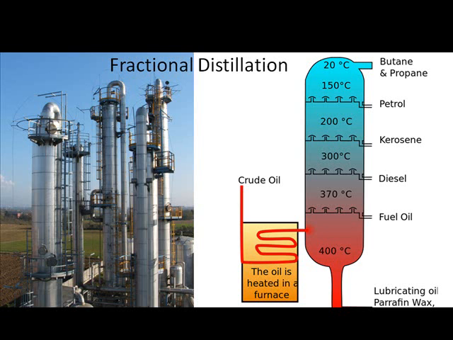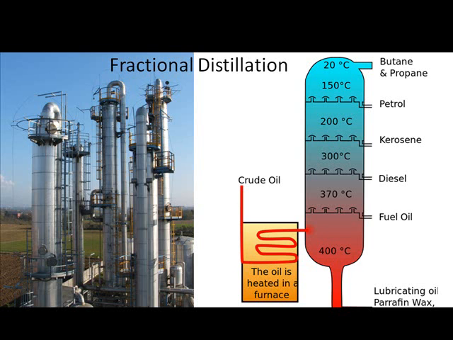But wait, at 300 degrees Celsius, which is a cooler temperature, now the diesel gases turn into a liquid state, and now the diesel liquid begins to flow out. And of course, you could see that kerosene as a gas turns to a liquid at 200 degrees.